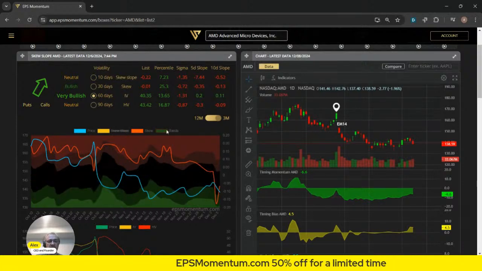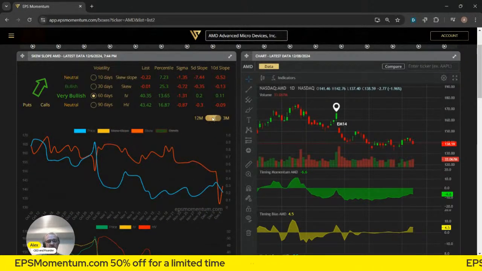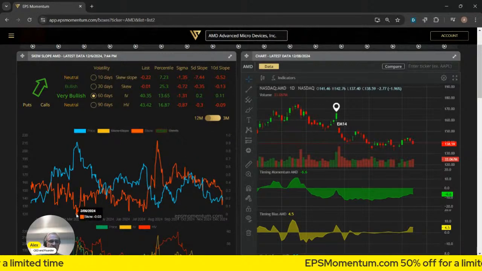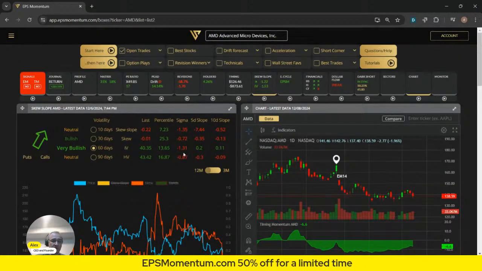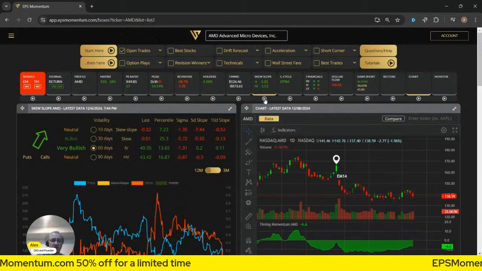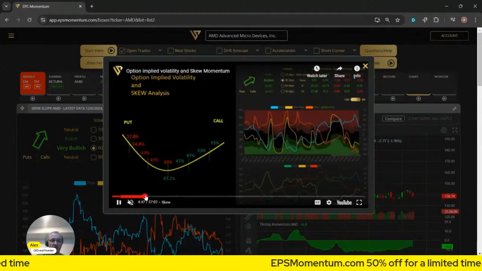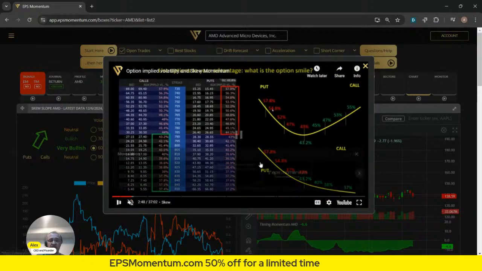But this is how it works. The price is in blue, the skew is in red. By the way, if you don't know anything about all those widgets, you have videos here that can explain everything. So click on the video. On every single one of the widgets, you have a video explaining everything.